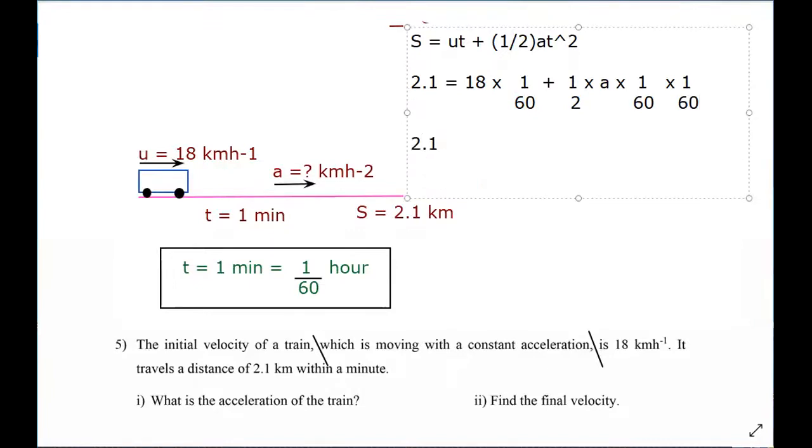Six. Yes, 6. 18 divided by 6 is 3. 60 divided by 6 is 10. Am I right here? Yes, sir. So now again, how do we simplify these things here?